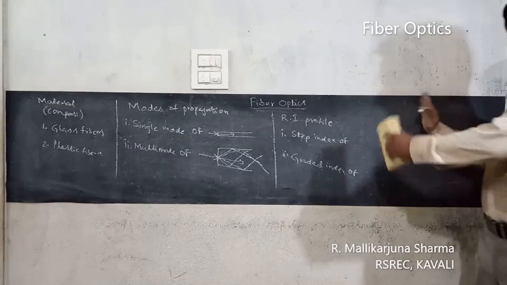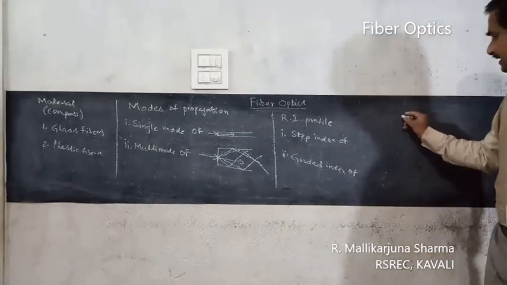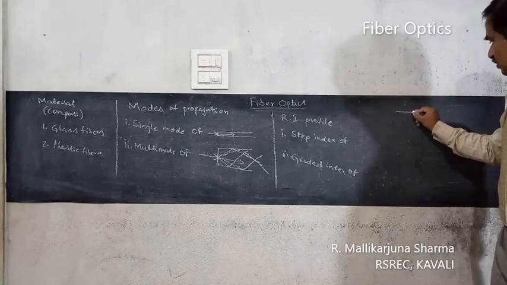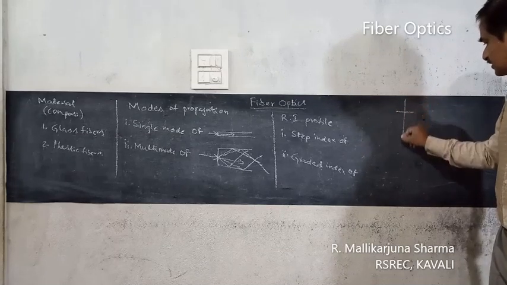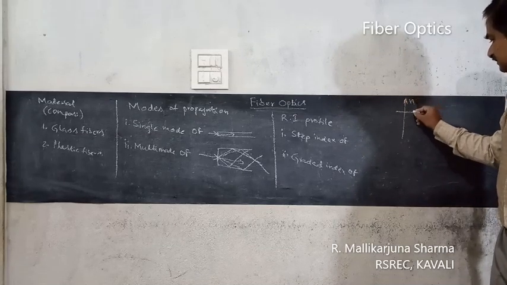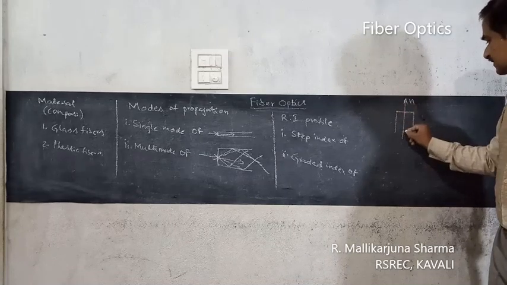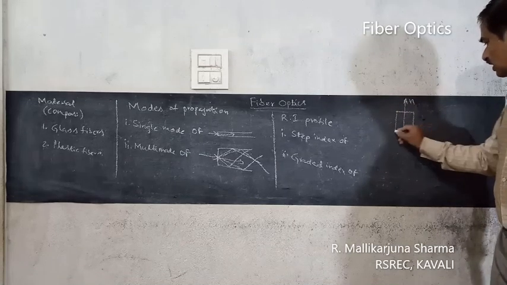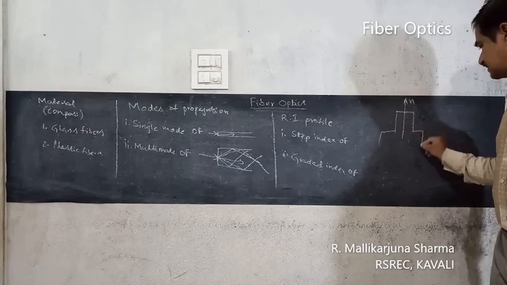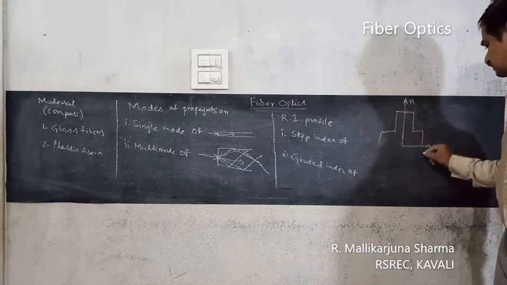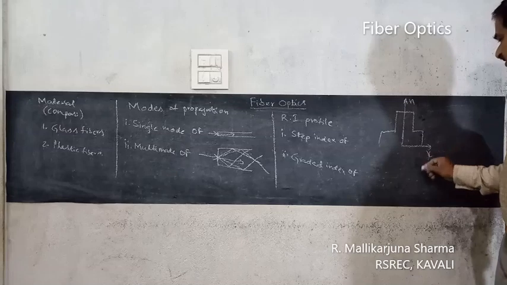If we draw that structure in a vertical manner, and take the refractive index along the y-axis and the distance from the center of the core along the x-axis, this is the distance.